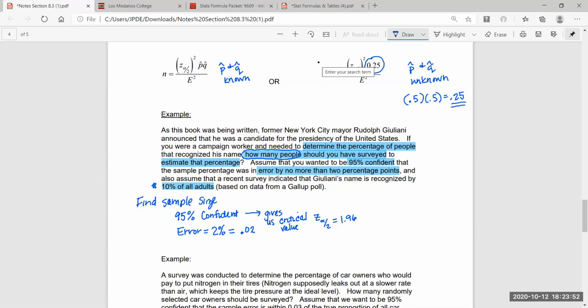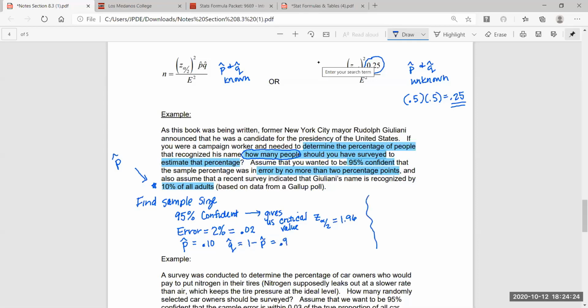It says, another survey said that 10% recognized him. So a lot of times they'll give you a sample proportion from another survey or a previous survey. So that will be our sample proportion from a previous survey. And if we want to get Q hat, remember it's 1 minus P hat. So that would be 0.9.